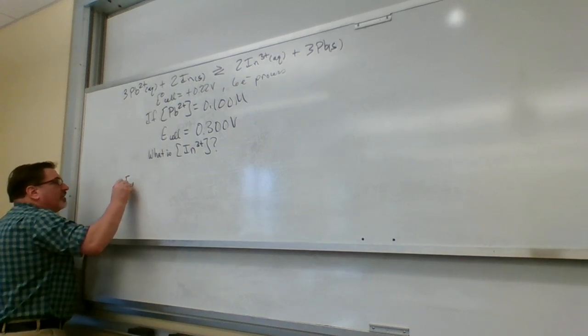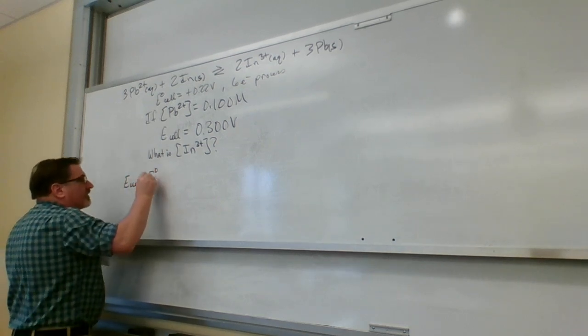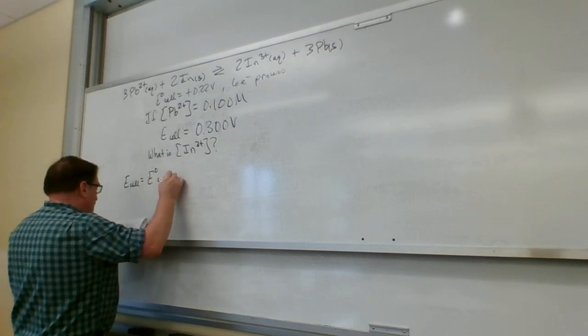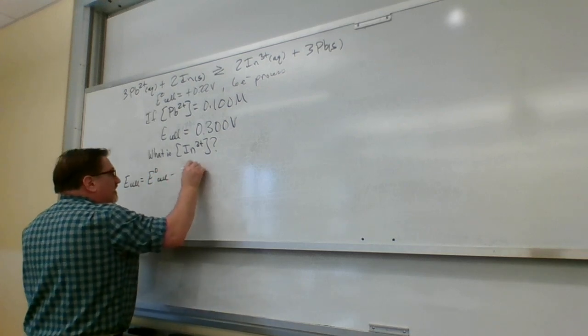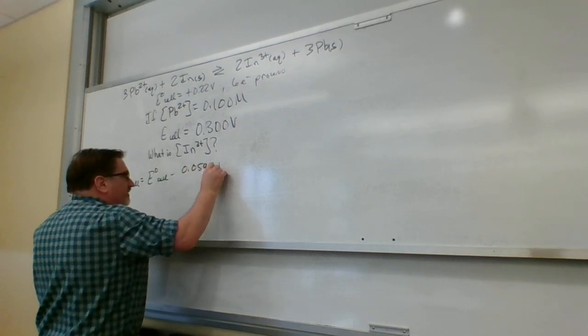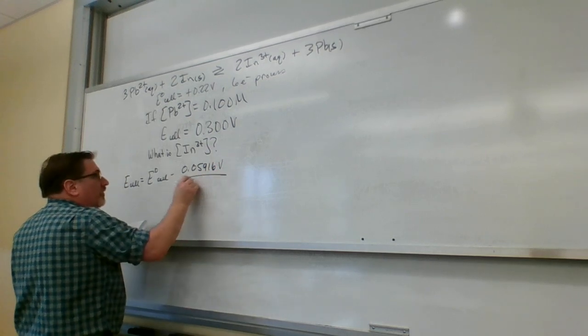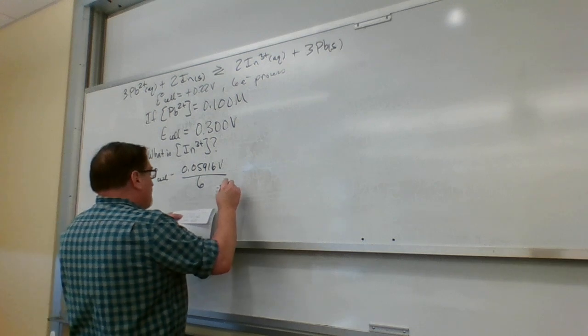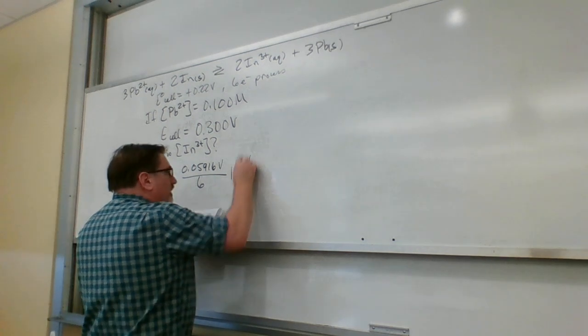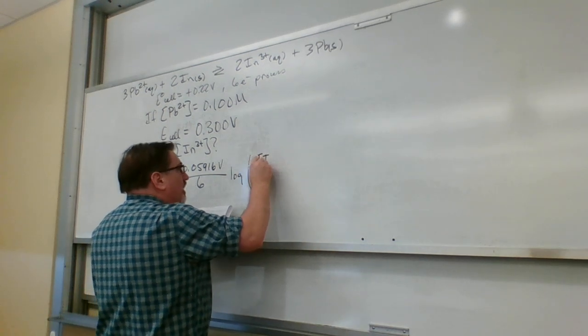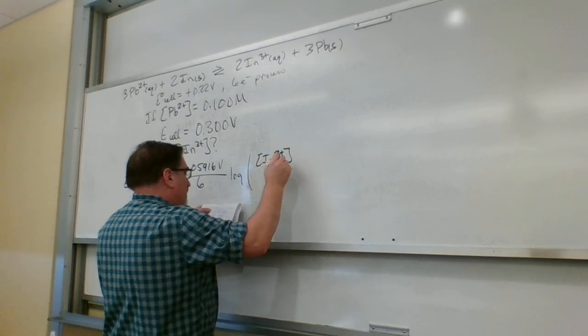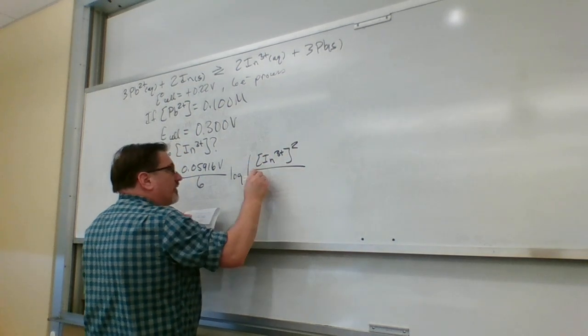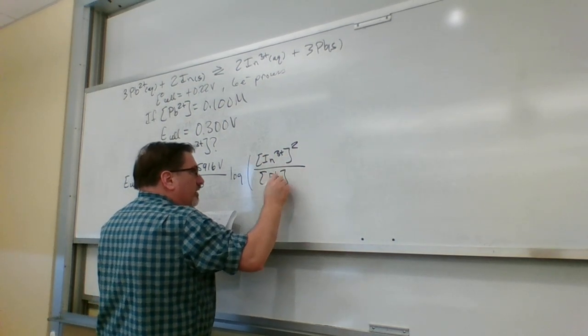So E cell is E0 for the cell minus 0.05916 volts over 6. That was our n value, right? Times the log of the quantity In3+ squared over Pb2+ cubed.